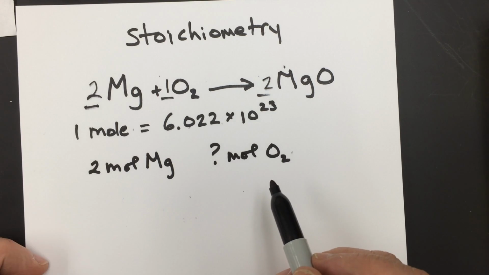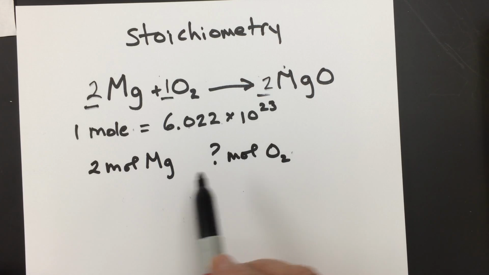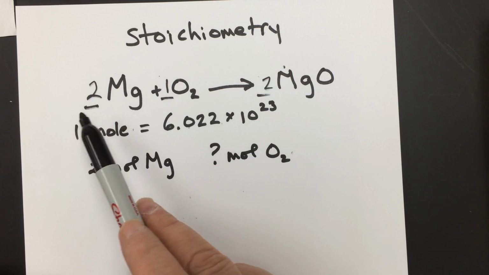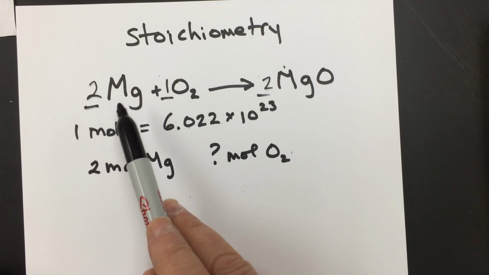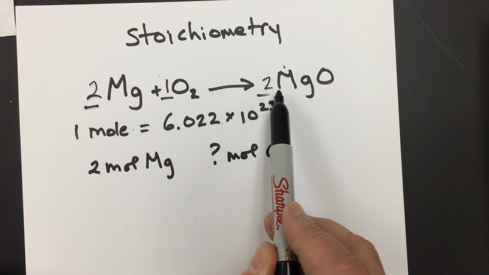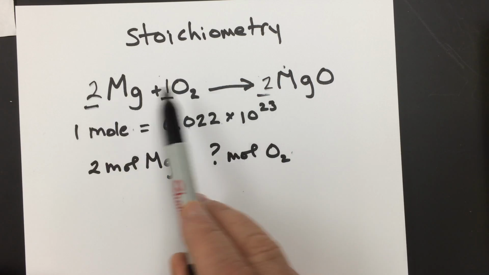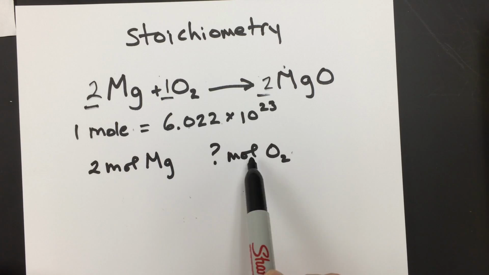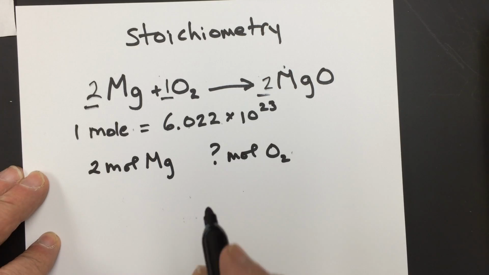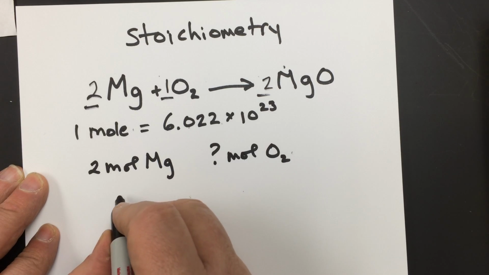You're like, I don't know, but you start with a balanced equation. As long as you're in moles, you can use this equation because this is a relationship, 2:1:2. So this is saying 2 moles of this, 1 mole of this yields 2 moles of this. Well, if I already have moles, I can easily find this relationship, and I can do it just with a ratio, like you did in elementary school.